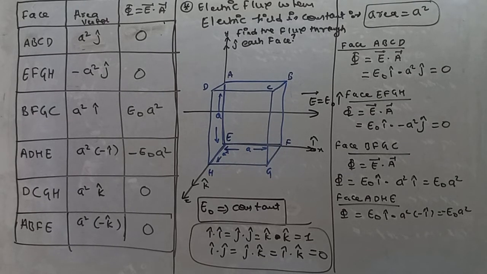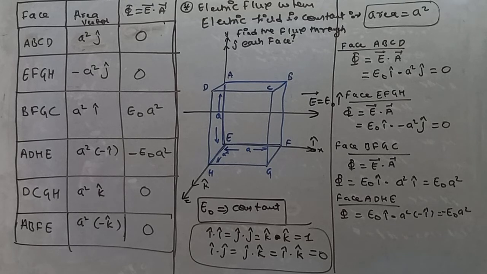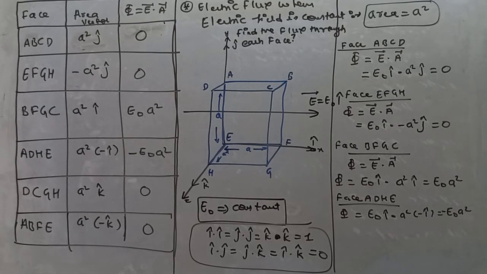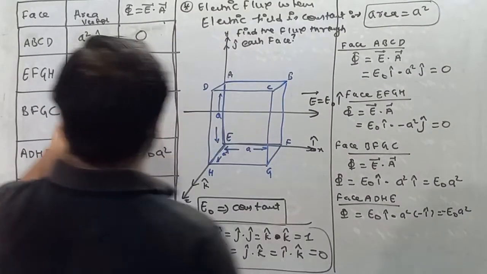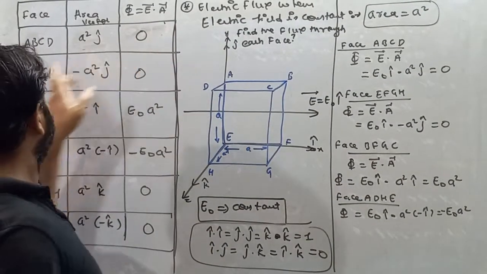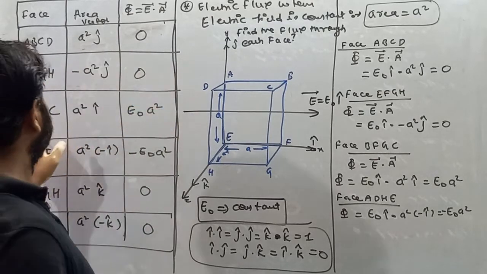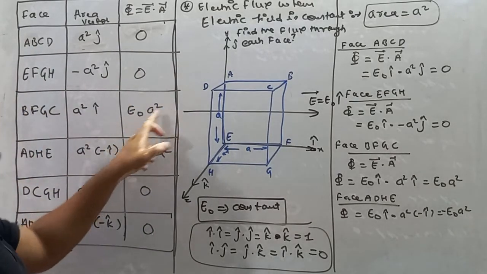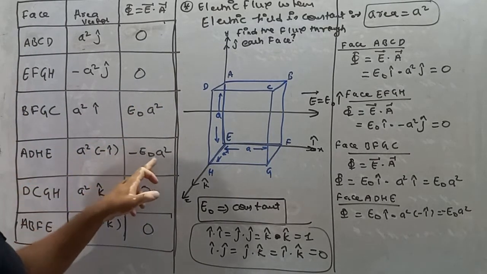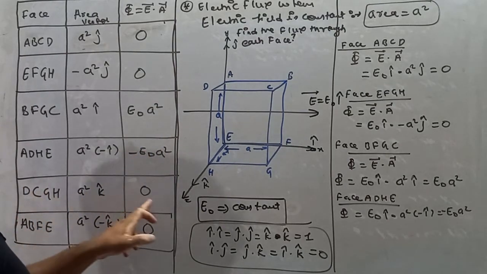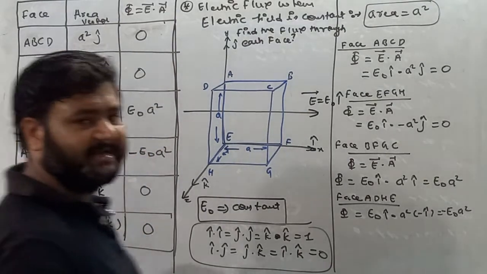Flux through face DCGH is again 0, and flux through face ABFE is again 0. So flux along ABCD is 0, EFGH is 0, BFGC is E naught A square, ADHE is minus E naught A square, DCGH is 0 and ABFE is again 0.